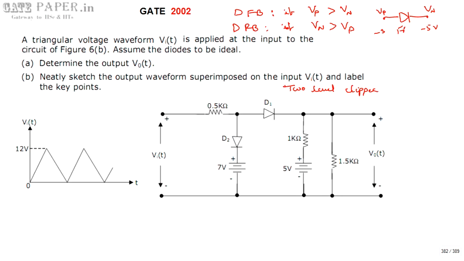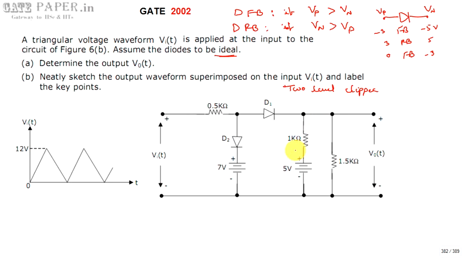If it is 3 volts and 5 volts, it will be in reverse bias. If it is 0 volts or minus 3 volts, it will be forward bias. Like this, we can decide the diode is forward biased if the P side voltage is more positive than the N side. It has been given that the diodes are ideal.